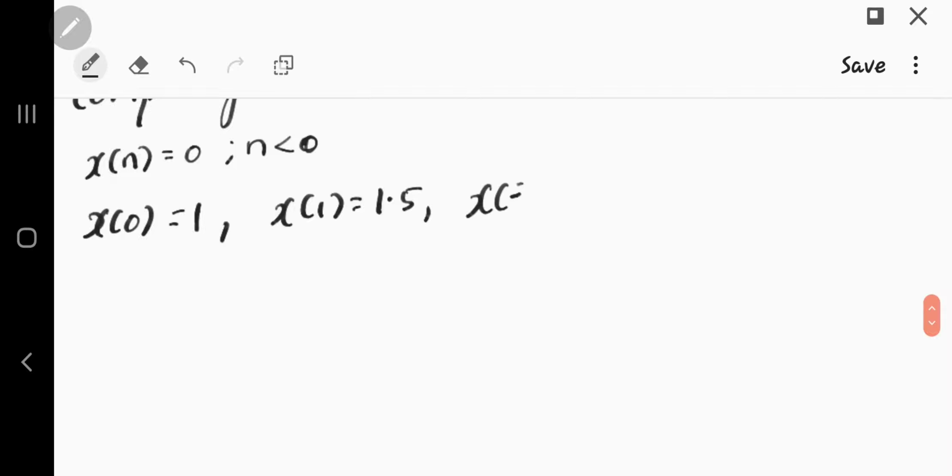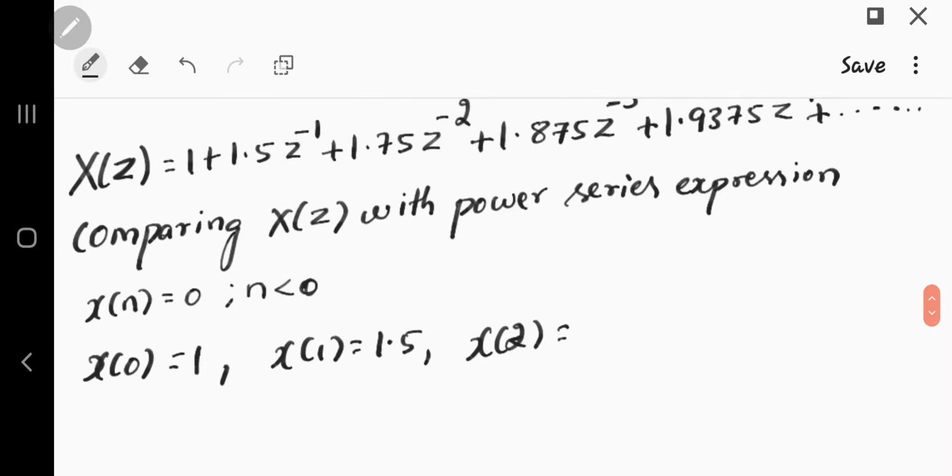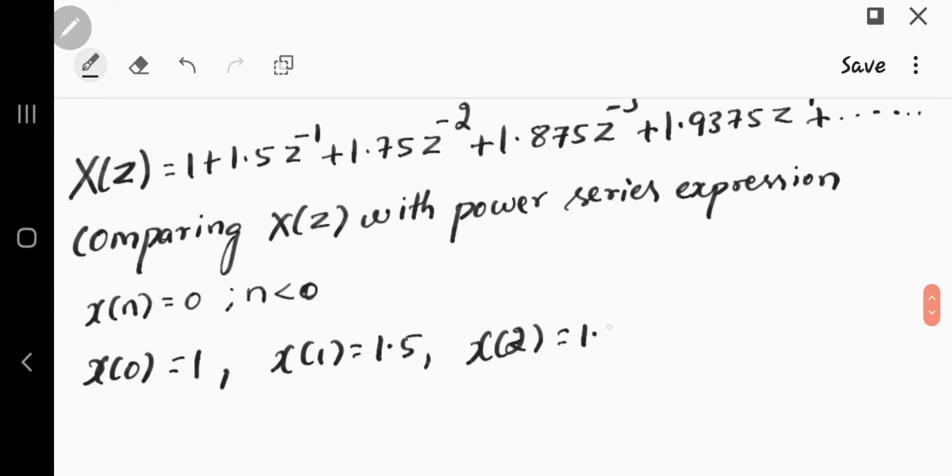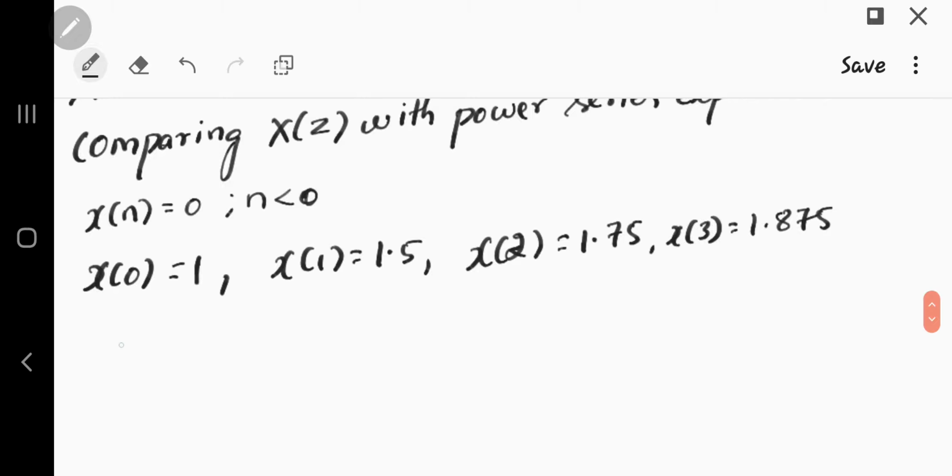Now coefficient of z power minus 2 is 1.75. The coefficient of z power minus 3 is x of 3, which is 1.875, and coefficient of z power minus 4 is x of 4, which is 1.9375.